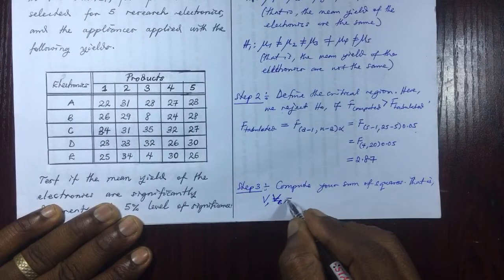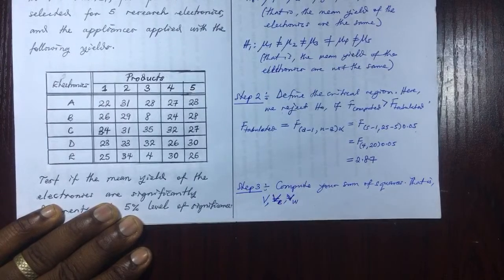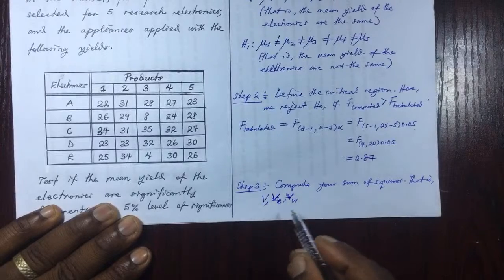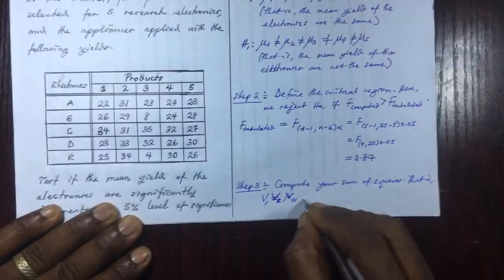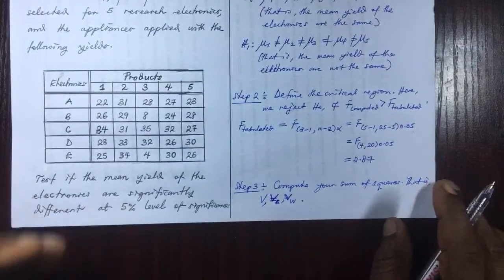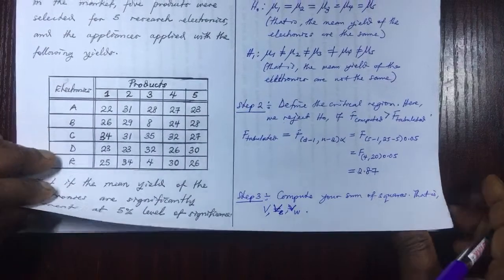We want you to also compute your VW, in this instance, the error. So we want you to compute this sum of squares, V, VB, and VW. That will be the next step you take. Remember, we are taking steps to solving this problem.